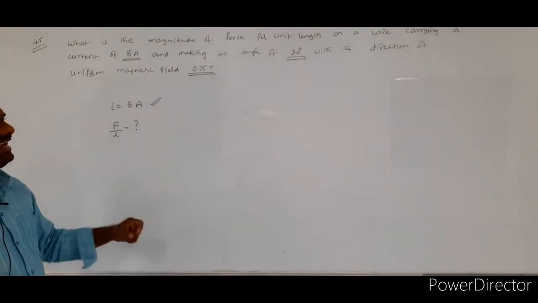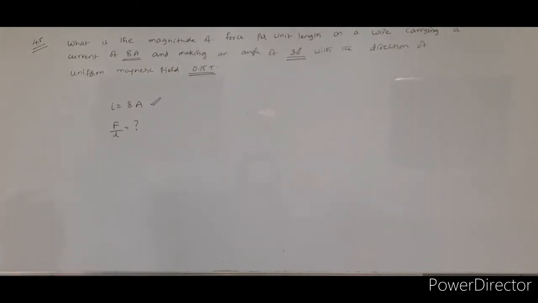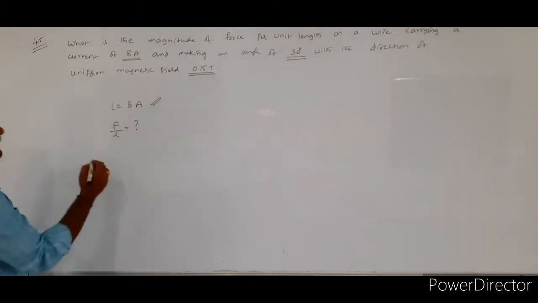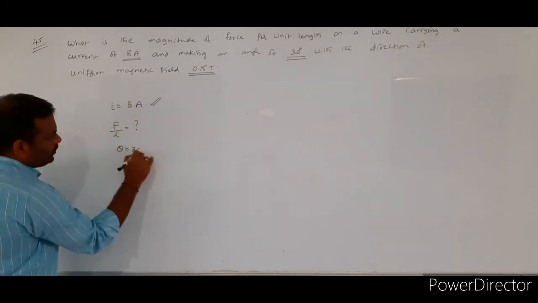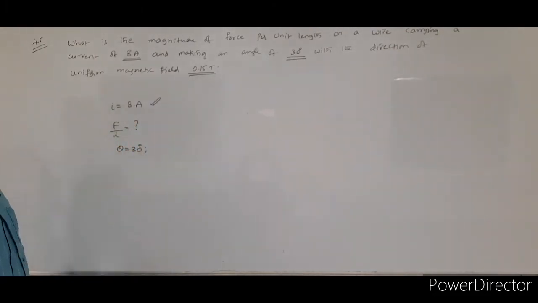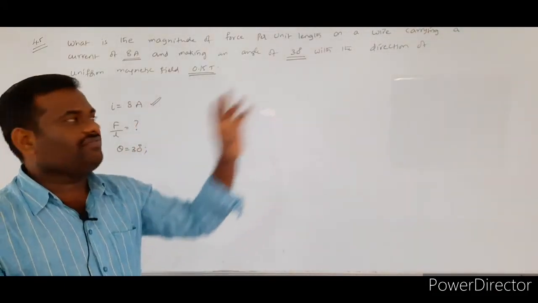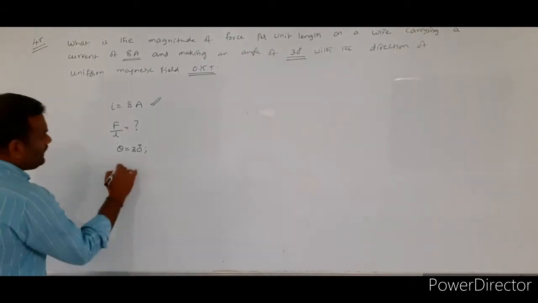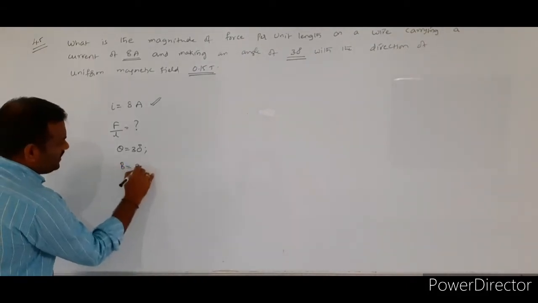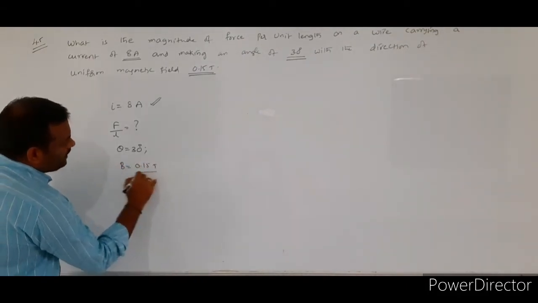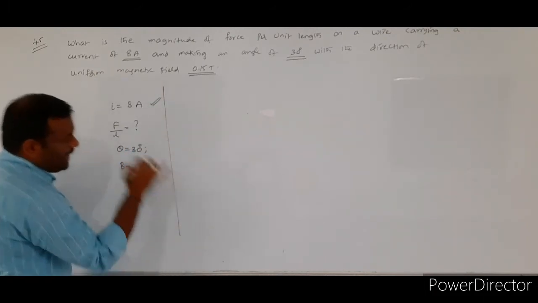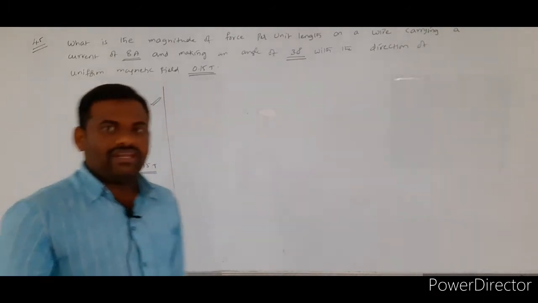Next, it is making an angle theta equal to 30 degrees with the direction of the given magnetic field, and they also mentioned the magnitude of the field intensity, B is equal to 0.15 Tesla. This is the given information.